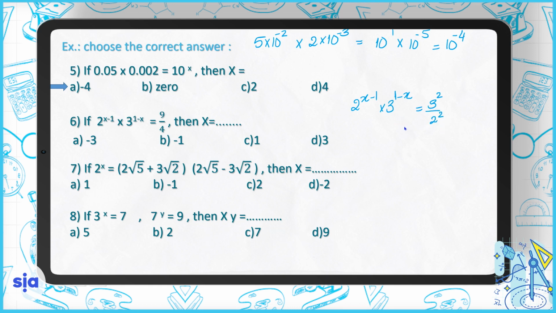So, in other words, it's 2 power x minus 1 multiplied by 3 power 1 minus x equals 3 power 2 multiplied by 2 power negative 2. You can either take the 2 or the 3 with their powers. So the 2, for example, we'll say that x minus 1 is equal to negative 2, then x equals negative 1. So for question 6, the answer is B.